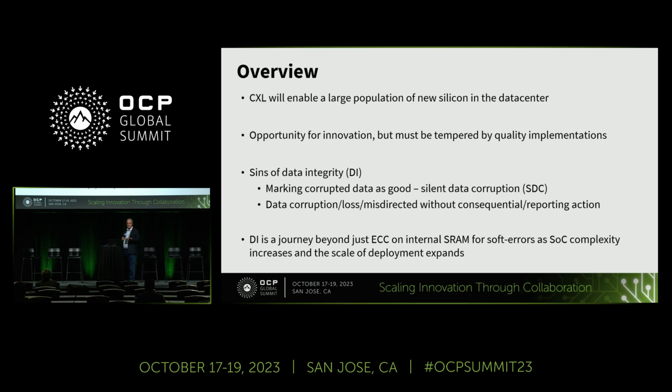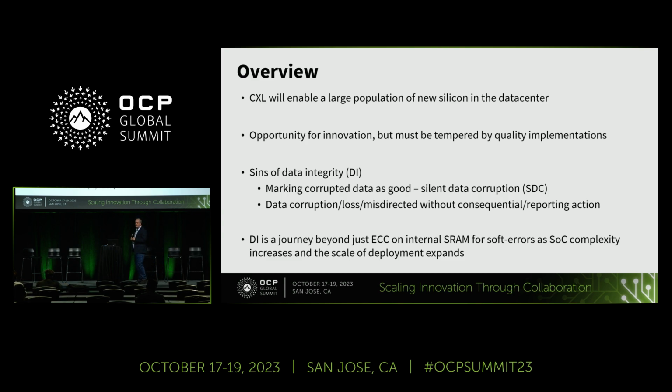So, the sins of data integrity: marking corrupt data is good. Silent data corruption is more than just the ECC on a DRAM interface. Then there's data corruption, loss, misdirection. You're allowed to do these things. It's just that you have to detect it and inform someone, such that the cloud providers can do amazing things on the software stack to mitigate these errors.